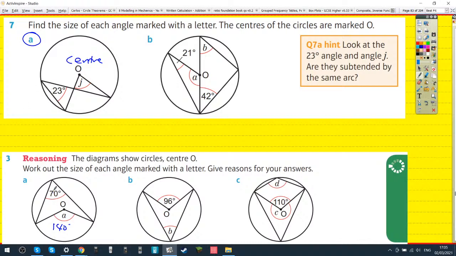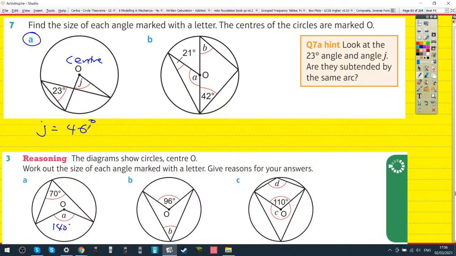And the angle at the center is twice the angle at the circumference, double the angle at circumference. So it's 46 degrees. Yeah. So J equals 46 degrees.